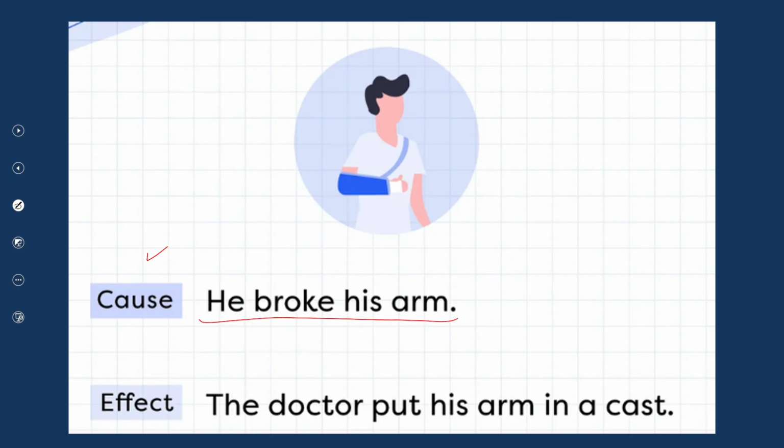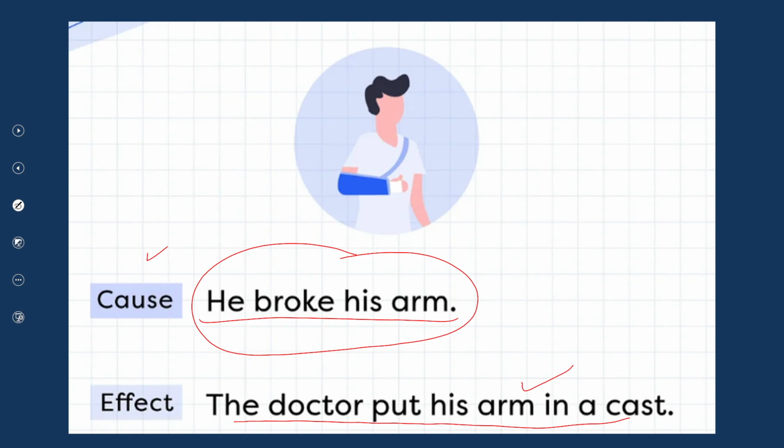He broke his arm. The doctor puts his arm in a cast. Now, if we just take this part first, he broke his arm. When he broke his arm, the arm would be treated, and the effect that happened is that the doctor put his arm in a cast.